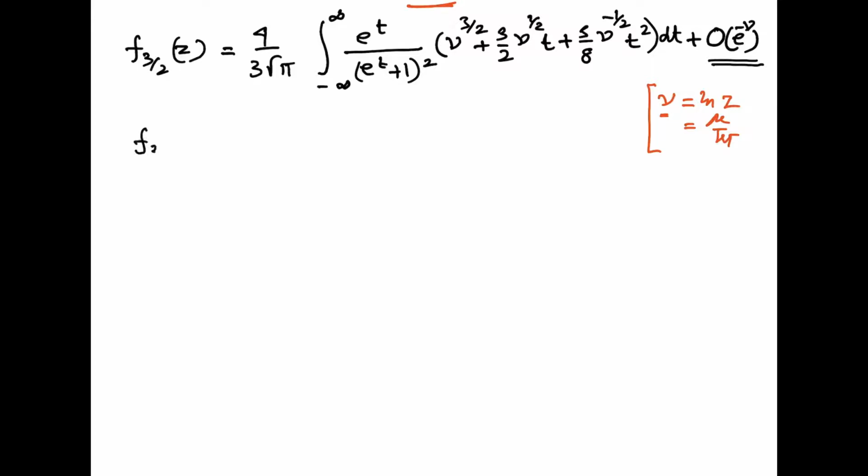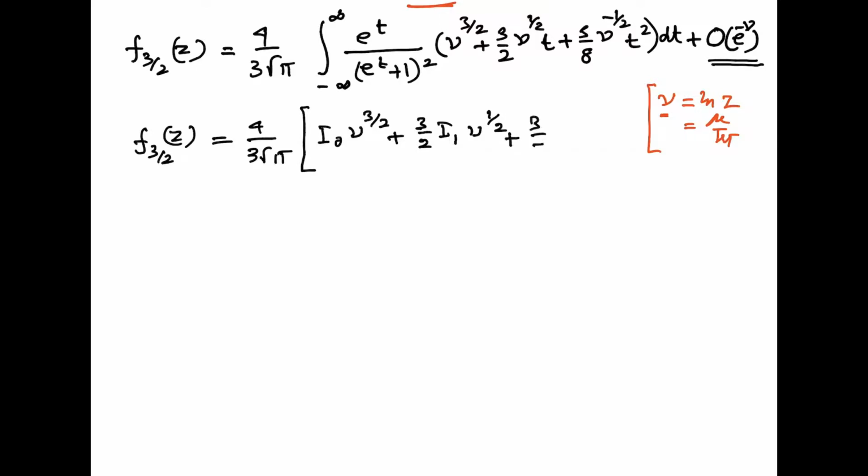So now we write for f 3 by 2 of z as 4 by 3 root pi under bracket I naught nu to the power 3 by 2 plus, let us take 3 by 2, I1 nu to the power half, plus 3 by 8 I2 nu to the power minus half, and so on.